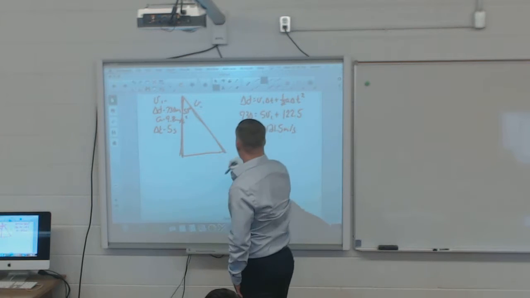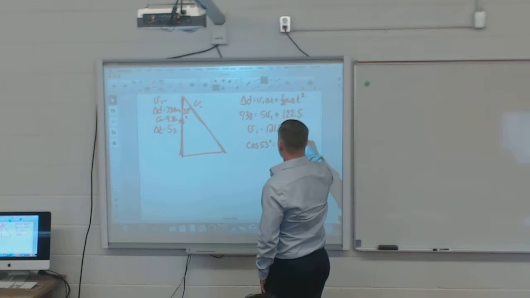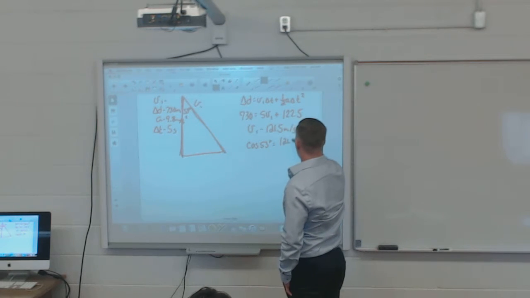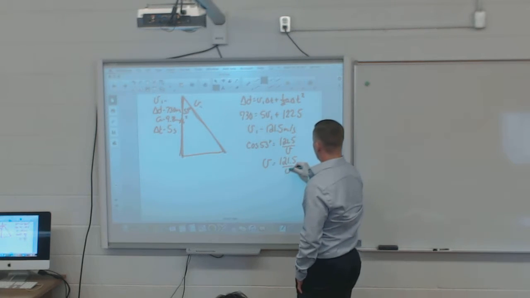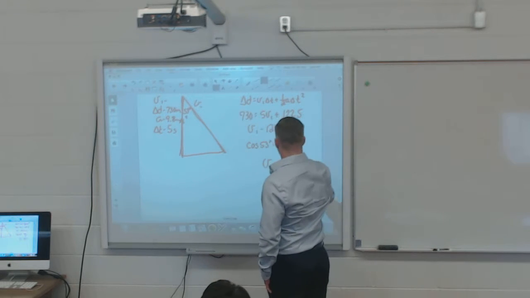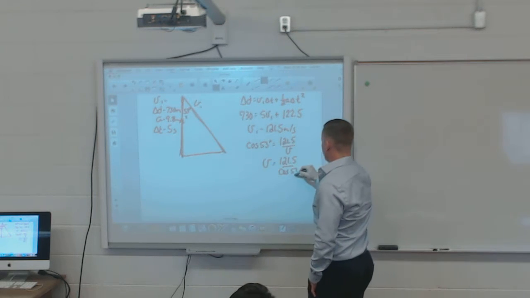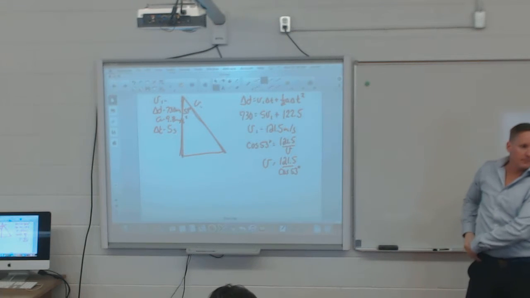That's the hypotenuse, right? So cos 53 is equal to 121.5 over velocity. Velocity is equal to 121.5 over cos 53, which is 201.88. There's your answer.